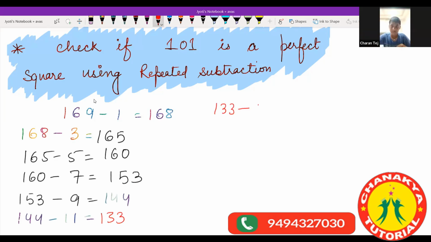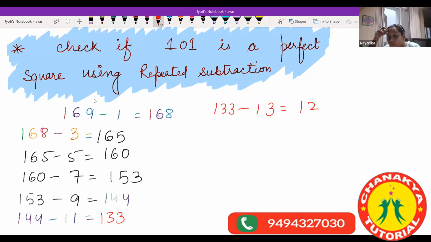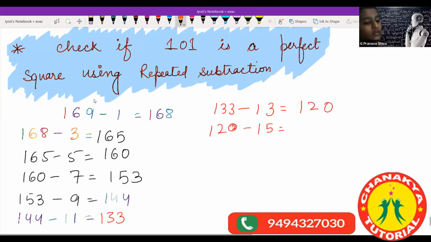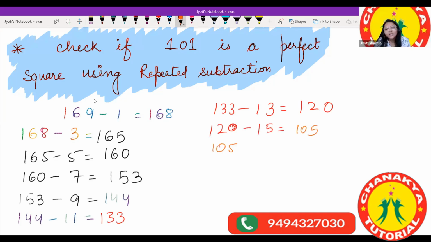After 11, 13. The answer would be 120. 120 minus 15. The answer would be 105. 105 minus 17. The answer would be 88. 88 minus 19.